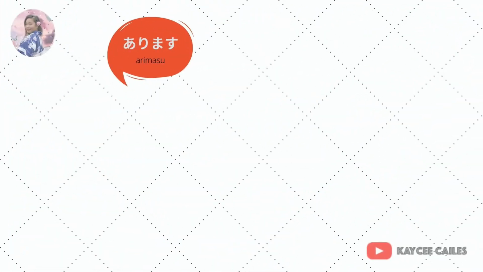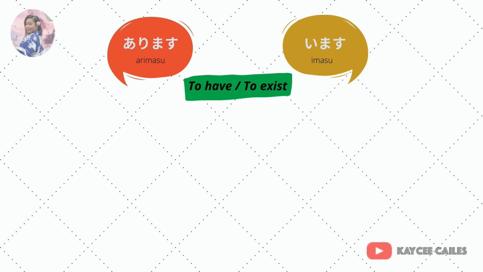And now for the second part of our video, we will differentiate the use of arimasu and imasu by using it in a sentence. Ja, mite kudasai. Arimasu or aru and imasu or iru both mean to have or to exist.